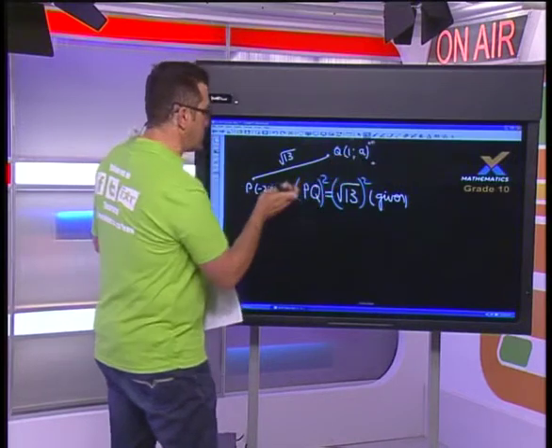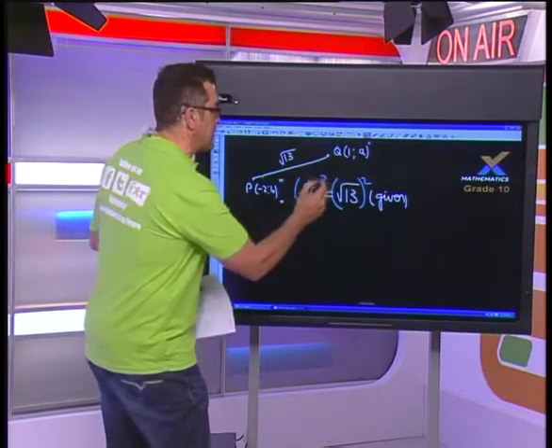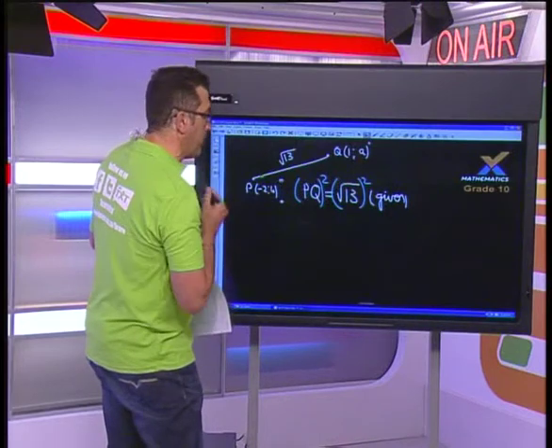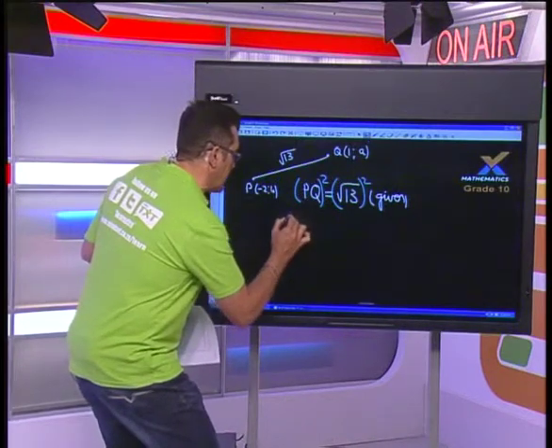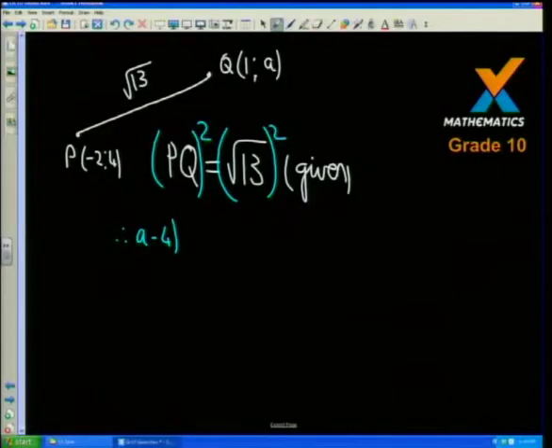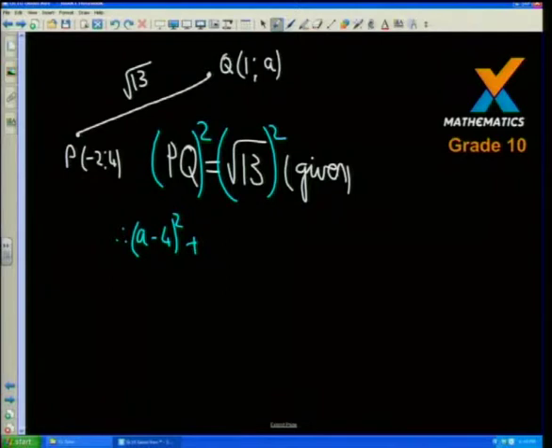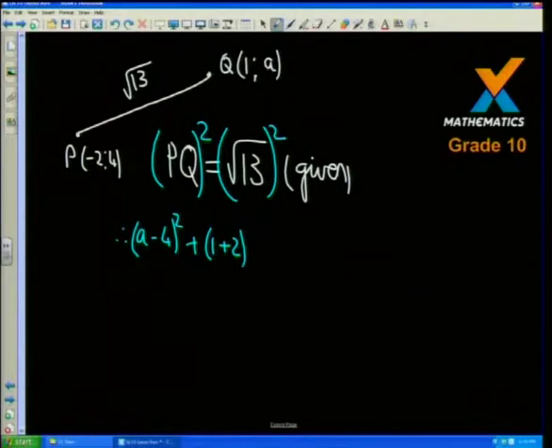It's the difference in the y's that are squared. So if I look at that, it's A minus 4, A minus 4 all squared plus the distance between those x values. Be careful. 1 minus minus 2 is 1 plus 2 all squared. And that is the other side squared, which is 13.